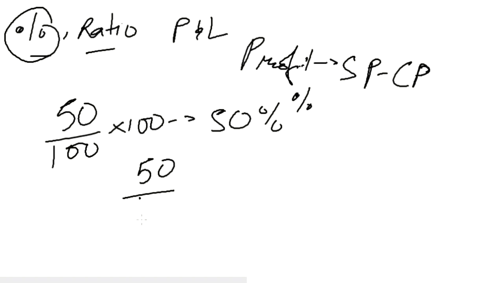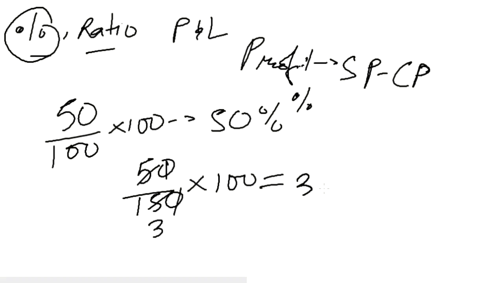You get 50 out of 150. Then you multiply it by 100. That gives you how much? If you cut this and this, 5 3s are 15, 100 by 3 gives you 33.33 dot dot dot percentage.